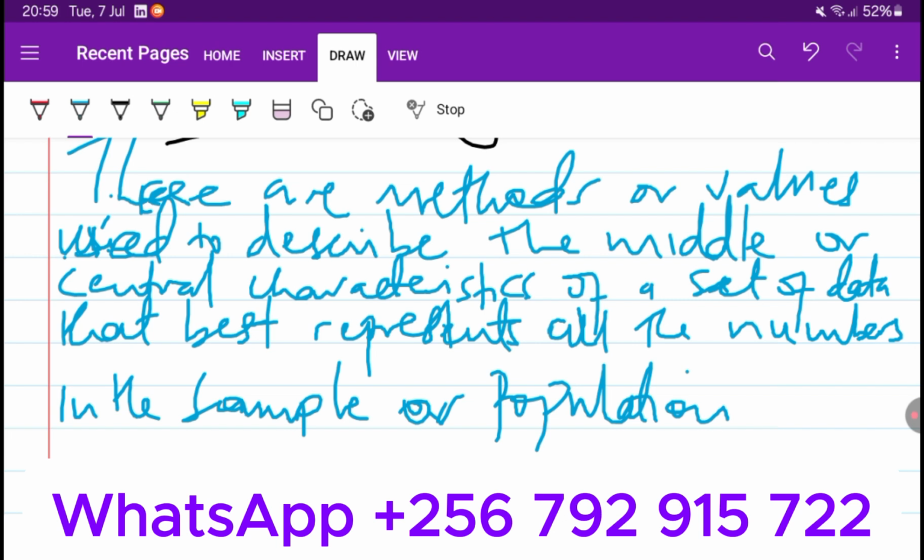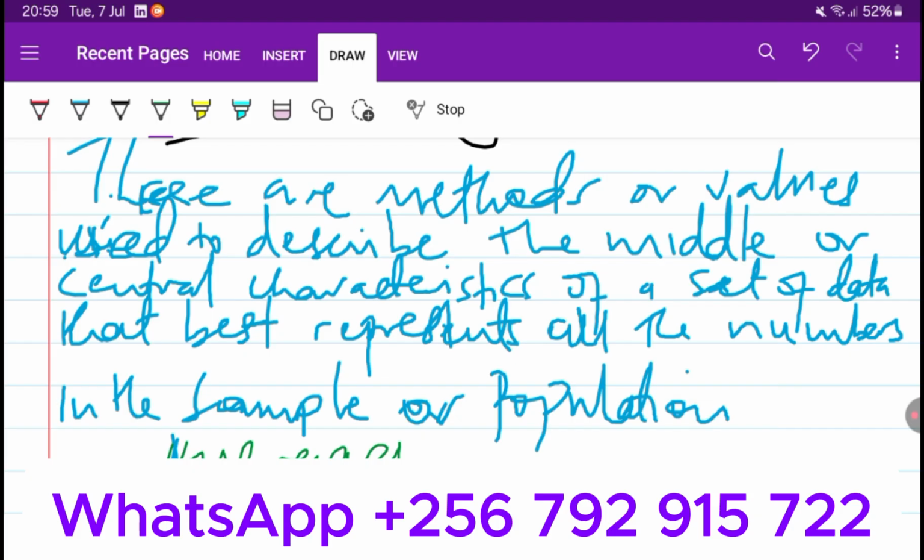And of course, in general, they are the ones that we refer to as the averages. In statistics, an average is defined as the number that measures the central tendency of a given set of numbers.